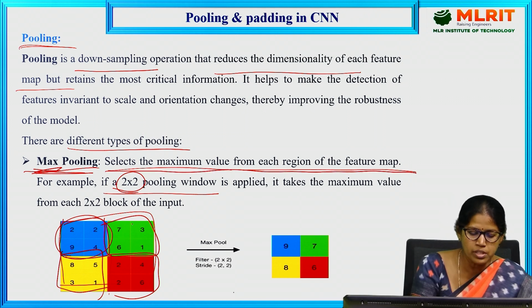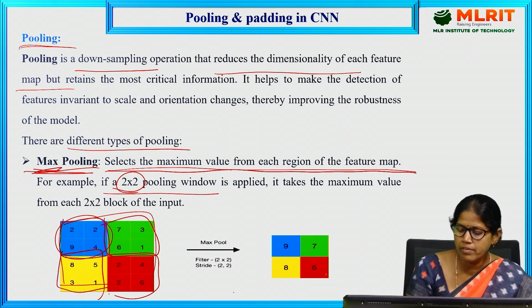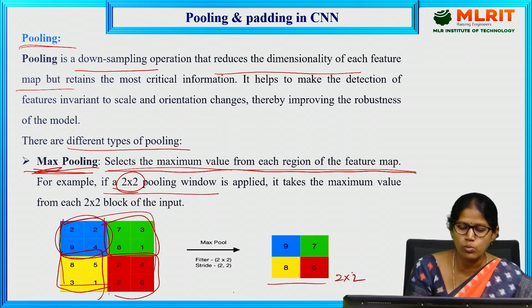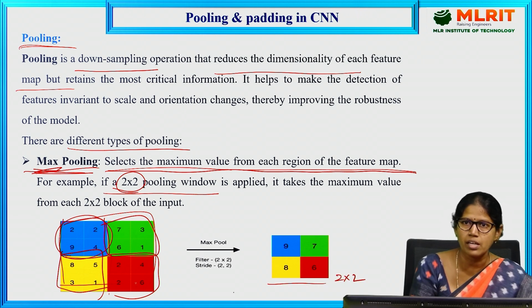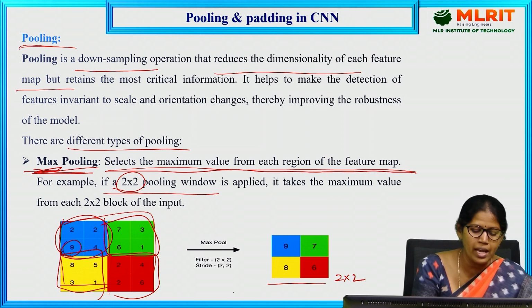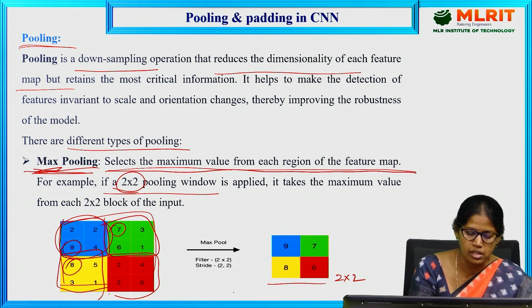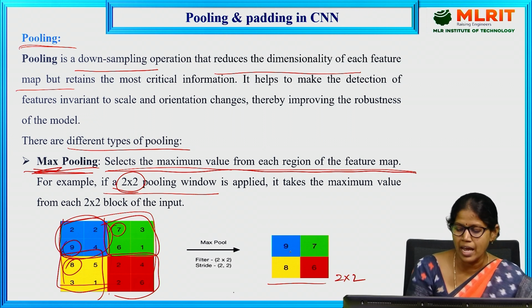Out of this feature map, we'll get only 2x2 because we are getting only 4 regions. From the first region, which value is the highest one? 9. In the second region, 7. After that, third region, 8. And the last one, 6. 9, 7, 8, 6. After applying the pooling, this is the output.